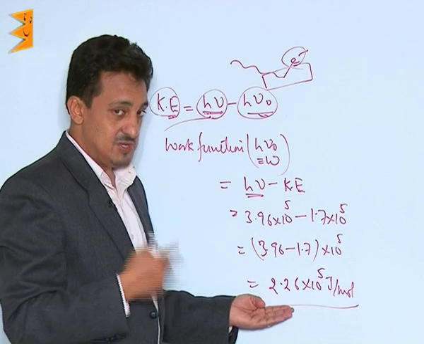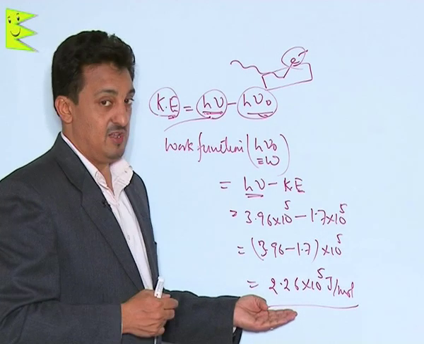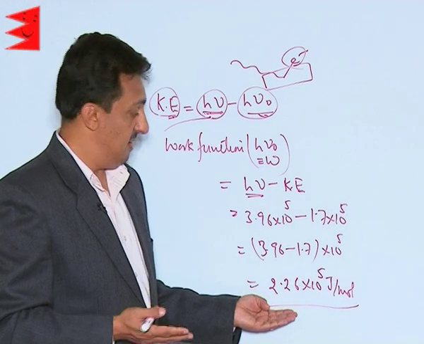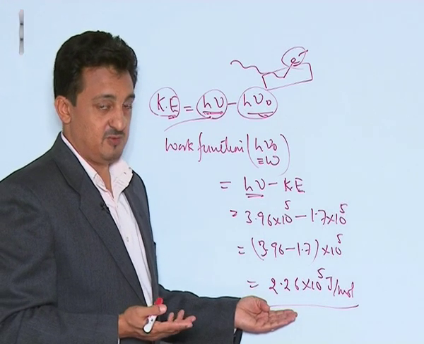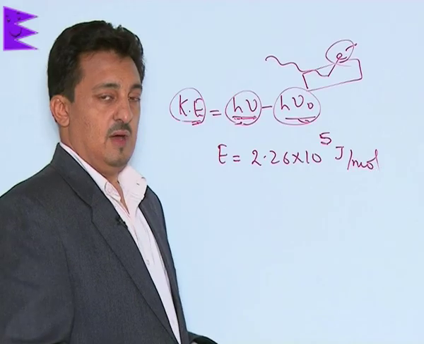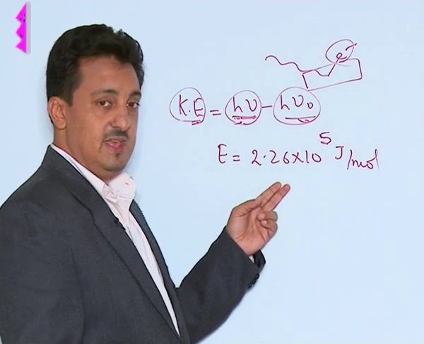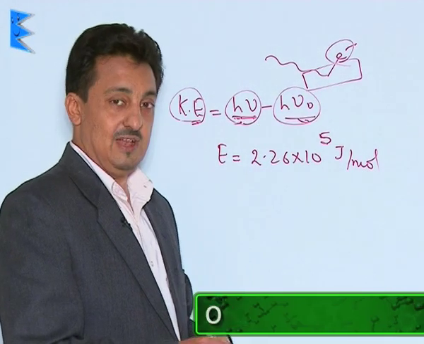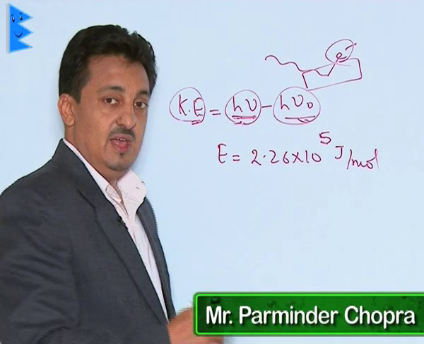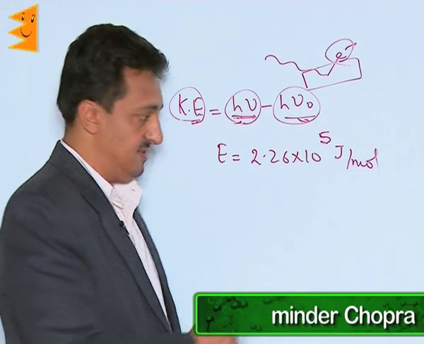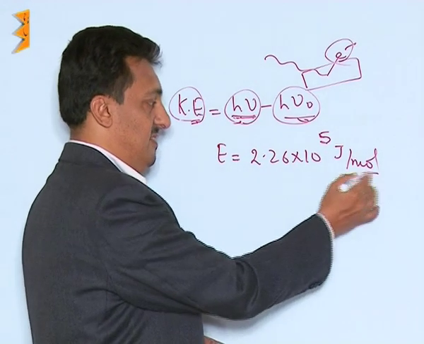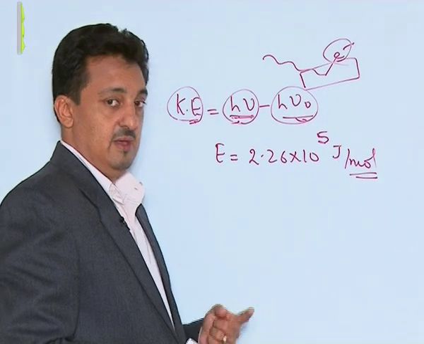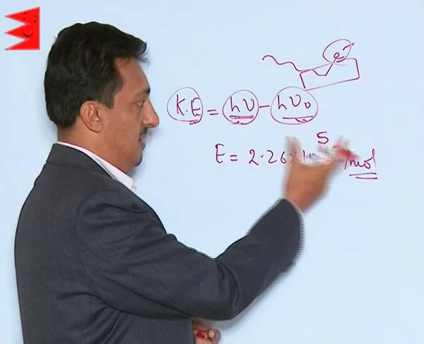Now, we were also asked to find the wavelength associated with this, which is also called the threshold wavelength. We are not supposed to find the frequency, we are supposed to find the wavelength. After finding the minimum energy required to knock out the electron, which is also called the work function, let us find the wavelength associated with it. But first we have to change this energy, which is in terms of moles, into the energy for one electron.